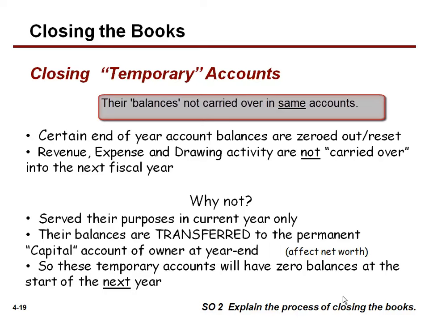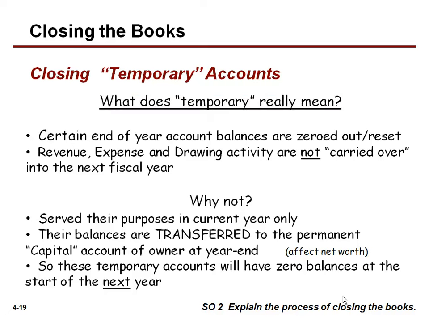Their balances are transferred to the permanent capital account of the owner at year end because it affects the owner's net worth. And these temporary accounts, therefore, will have a zero balance at the start of the next year so they can measure the next cycle of earned revenue, expense, and drawing activity. That's why they're called temporary. They only affect the current year's operation, and their balances must be transferred to a permanent account at the end of a company's fiscal year.